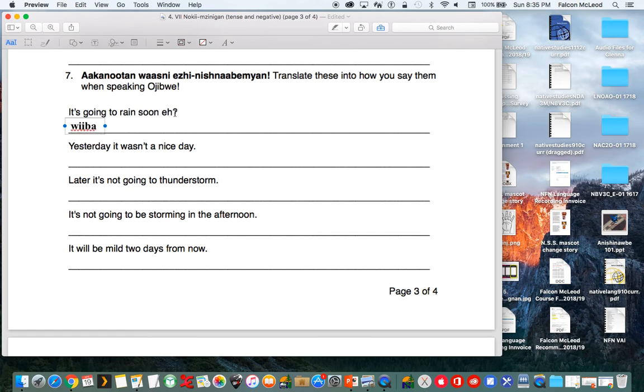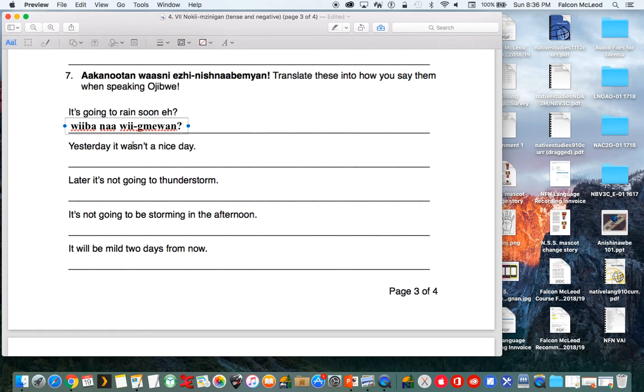We got that Canadian A in there, so we're going to use our na because it's second position. Then our future tense. So the word for rain in Ojibwe is gameawan. So that's how you translate it's going to rain soon, eh? Weeba na we gameawan.